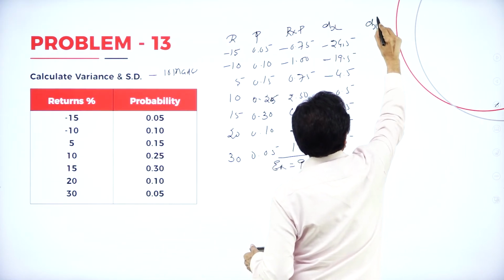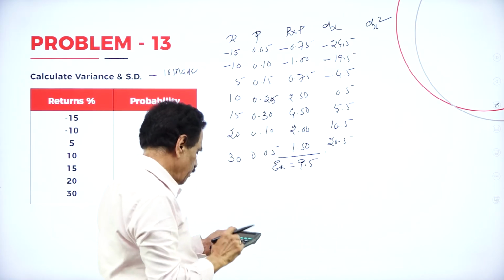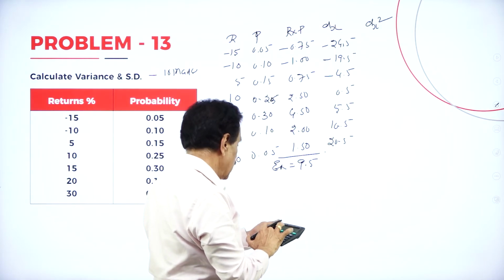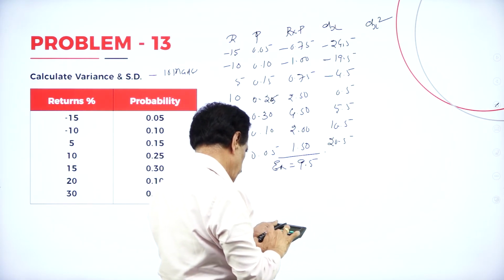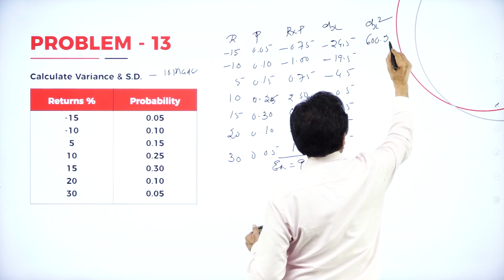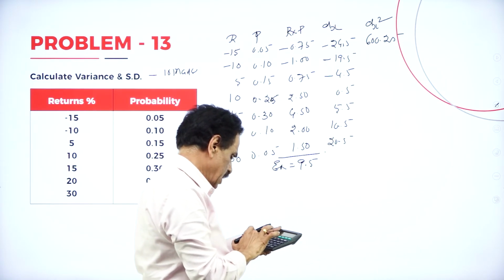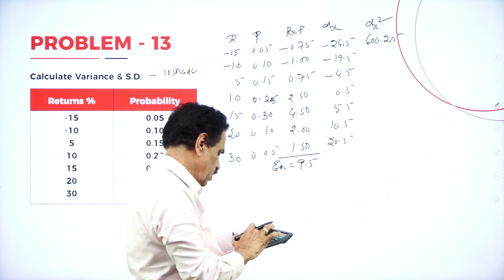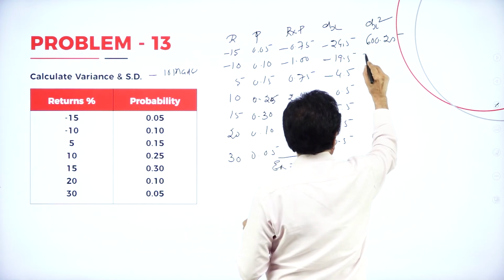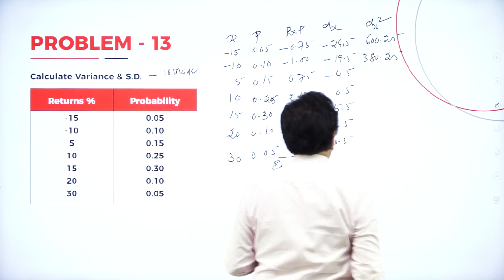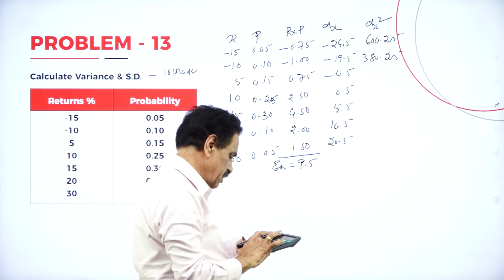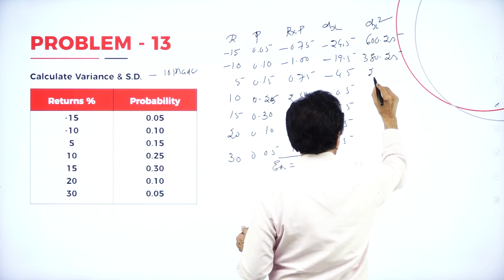dx square: 24.5 into 24.5 is 600.25. 19.5 into 19.5 is 380.25. 4.5 into 4.5 is 20.25.